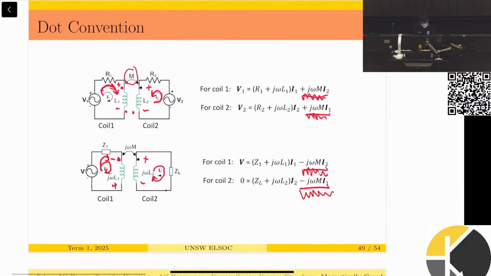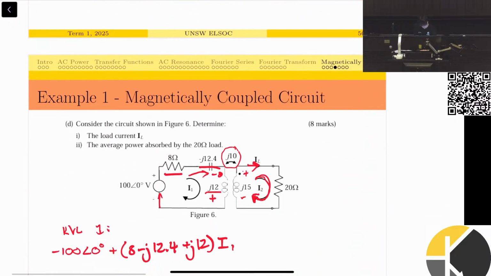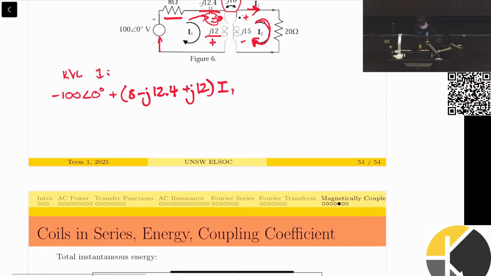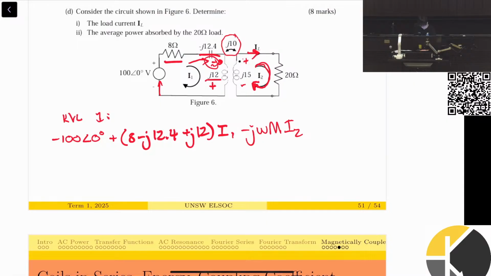Since this is flowing into the negative terminal of our mutual inductance, this will have a value of minus jωM I2, and jωM in this case is just j10. So this is just minus j10 I2. It's really important to note that the mutual inductance will be linked to the current in the other coil, even though we're doing a mesh or a KVL equation for the first mesh.